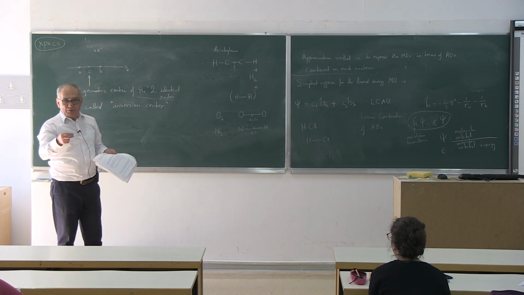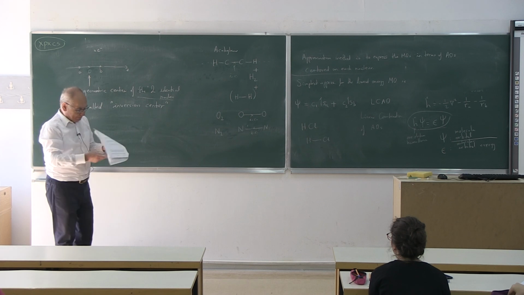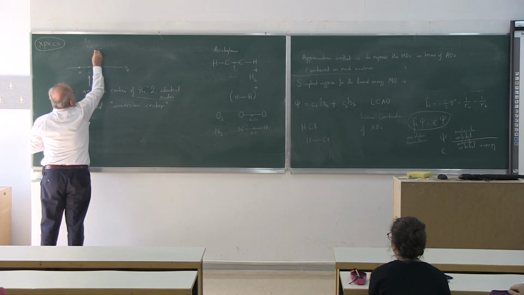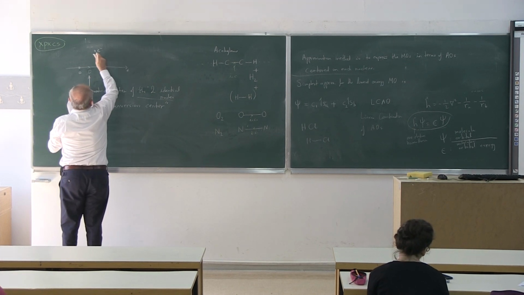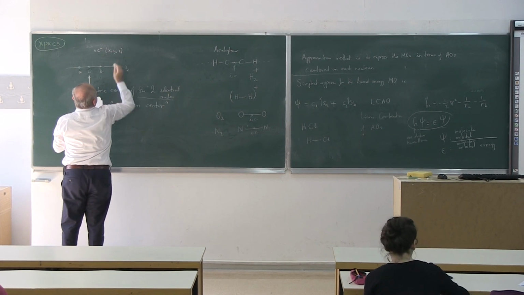I'm going to explain to you the mathematical definition of the inversion operation. Say we have a point here. This electron has Cartesian variables x, y, z.